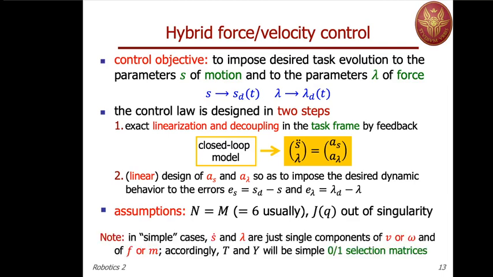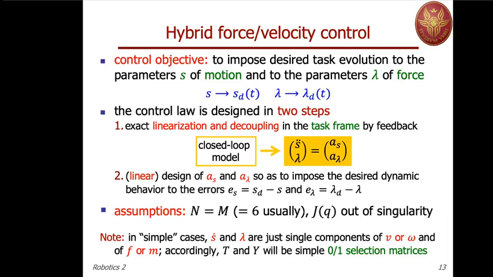Now, remember that in simple cases, as the first example that we have shown, s dot and lambda are just single components of the linear or angular velocity, v or omega, and lambda are just linear components of the force or of the momentum. So you don't need to think of a complex parametrization.